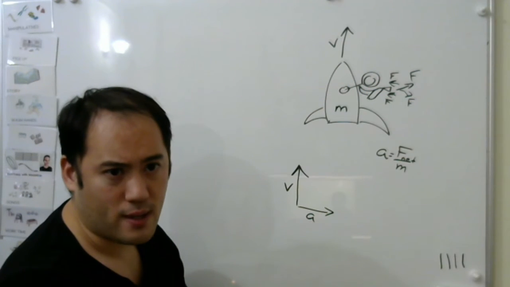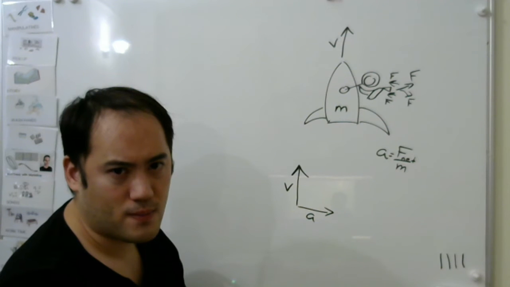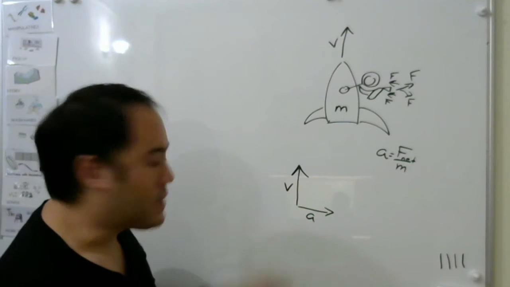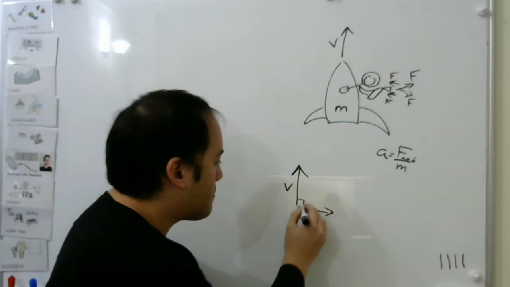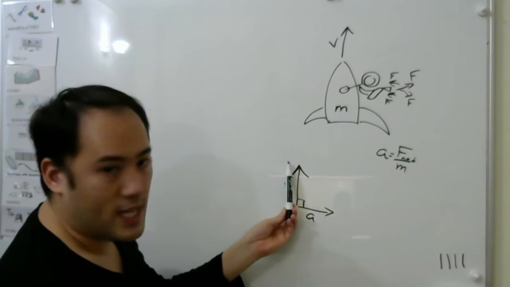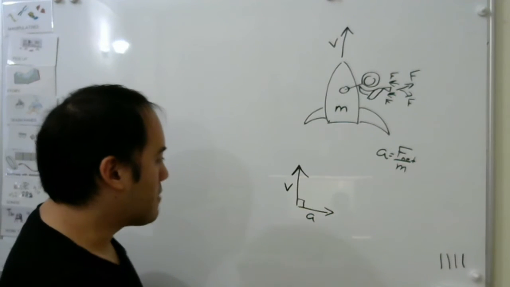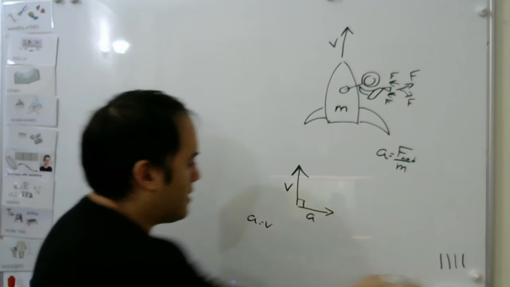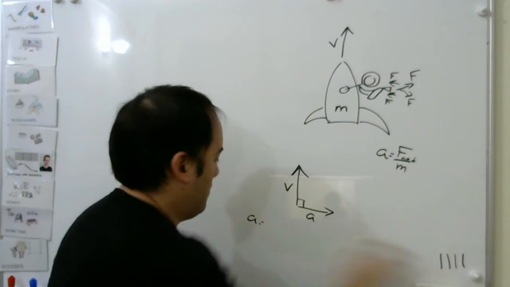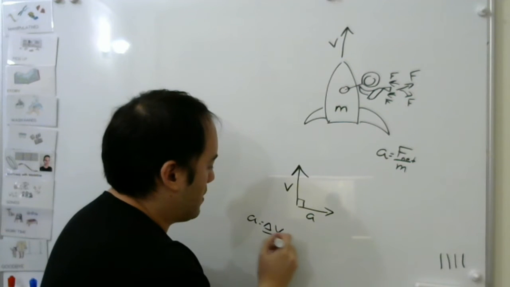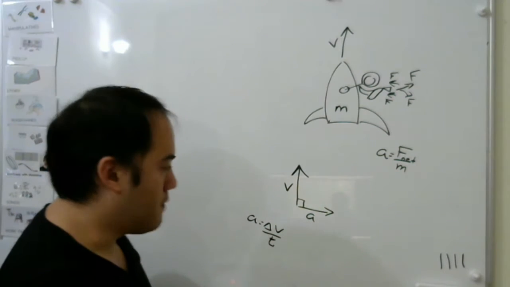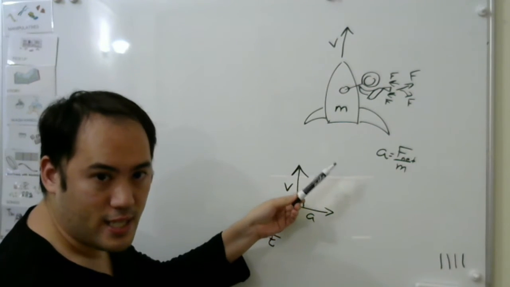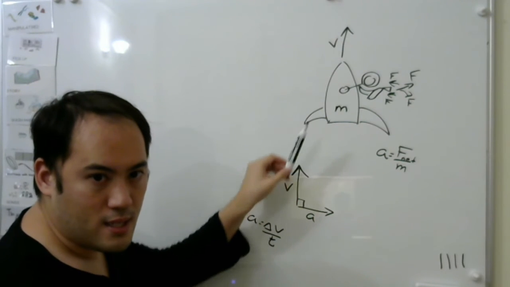I guess we point the other way because it pushes the rocket backwards. But still, if these are perpendicular, well, the velocity starts like this, but acceleration, remember, is change in velocity over time. So the velocity will change and change and change and change and change.